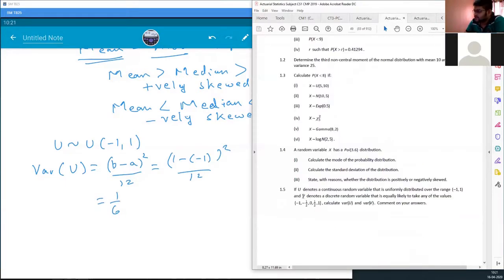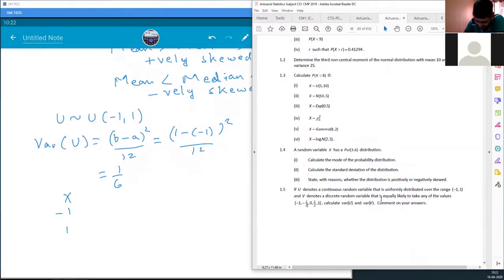Now for the discrete distribution, the uniform distribution that we studied started from 1 and the difference between each value was 1. So we cannot directly use the formula of uniform distribution that we used there. So here we are going to make a distribution. We have minus 1, minus half, 0, half, and 1.